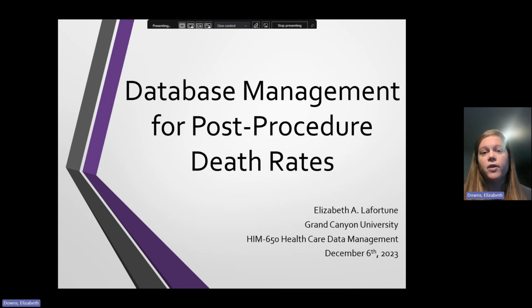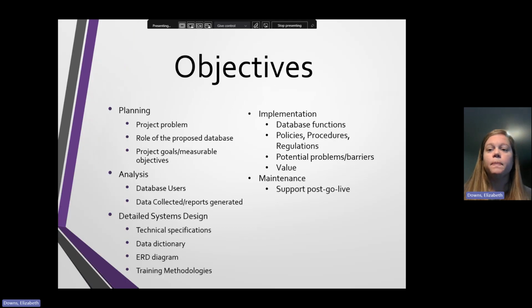The system aims to fill an existing gap, providing healthcare professionals with a robust tool to streamline the management of post-procedure death rate data. Ultimately, this project seeks to contribute to improved patient care by offering more effective means of monitoring and analyzing clinical information.